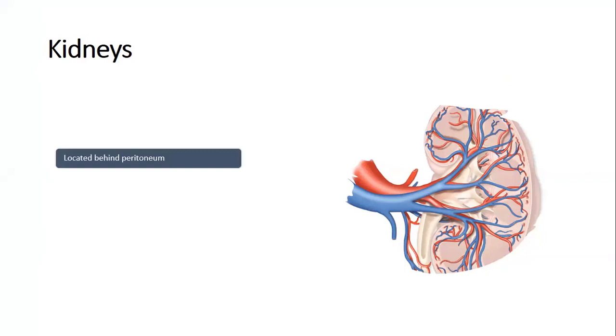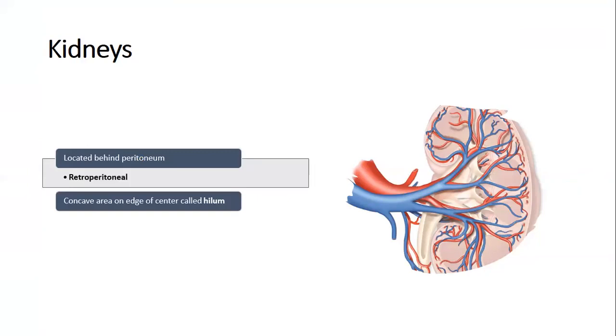Kidneys are located behind the peritoneum and have a concave area on the edge of the center called the hilum. Located behind peritoneum is called the retroperitoneal area.